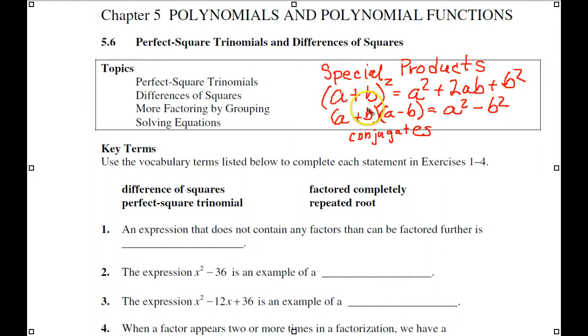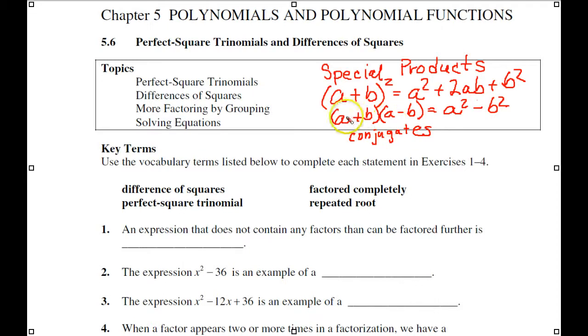And then we said if we had the sum and differences of the same terms, and we were multiplying them through FOIL, the middle terms canceled out, and we ended up with the difference of perfect squares. Okay?